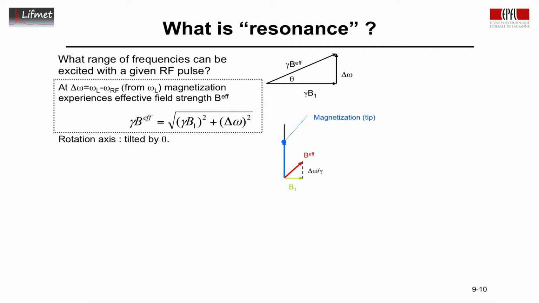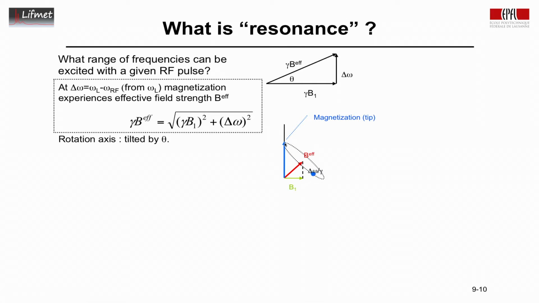Now, the Larmor equation says our magnetization, which is initially here, only its component perpendicular to B effective will change. The one that's parallel will not change, so we will get a circular motion around B effective, and here is our circular motion. So our magnetization vector here will rotate on a circular motion around B effective. Now here the particular choice of delta B is such that B1 is equal to delta omega over gamma, so we have a 45-degree angle.